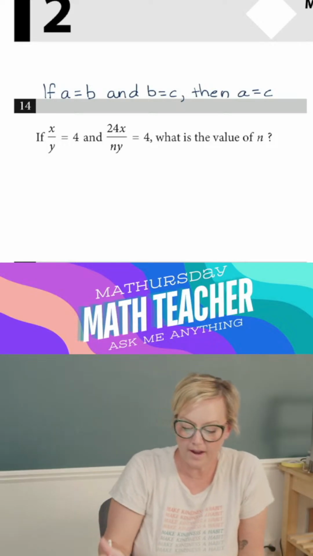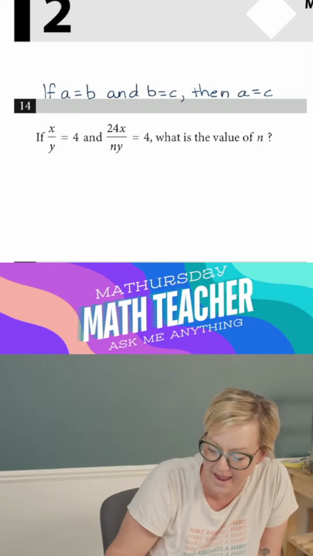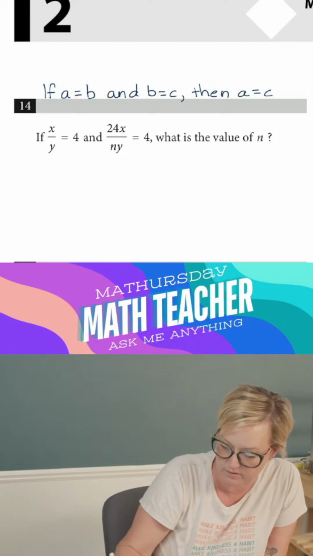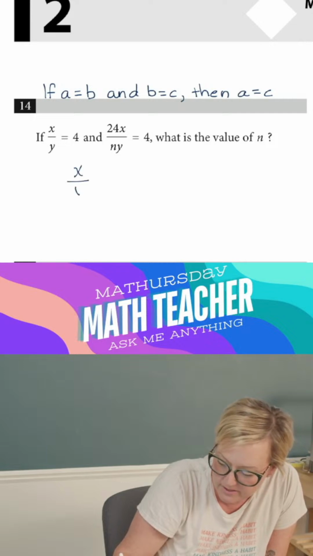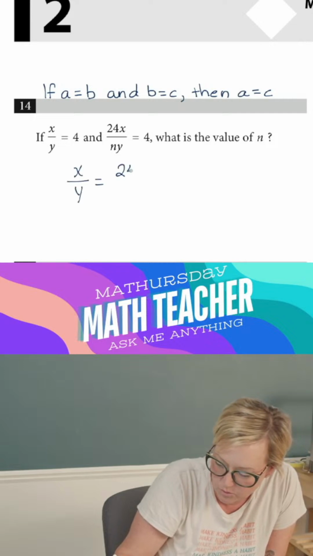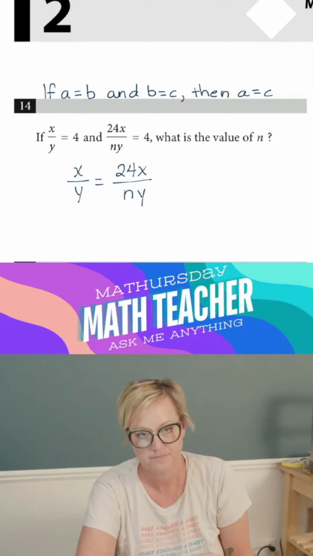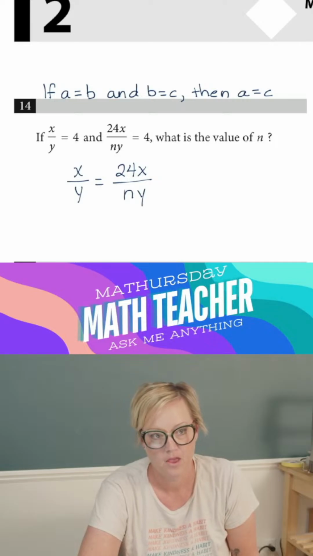All right, so what I'm saying is that if x over y equals 4 and 24x over ny equals 4, then if they both equal 4, x over y equals 24x over ny. Okay?